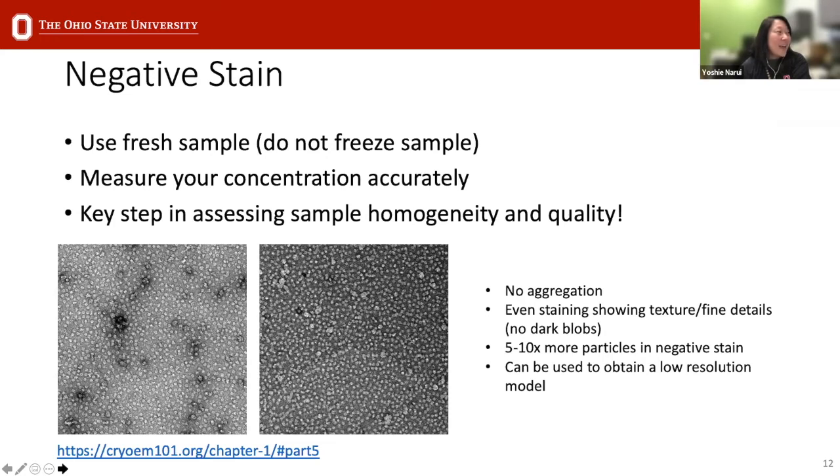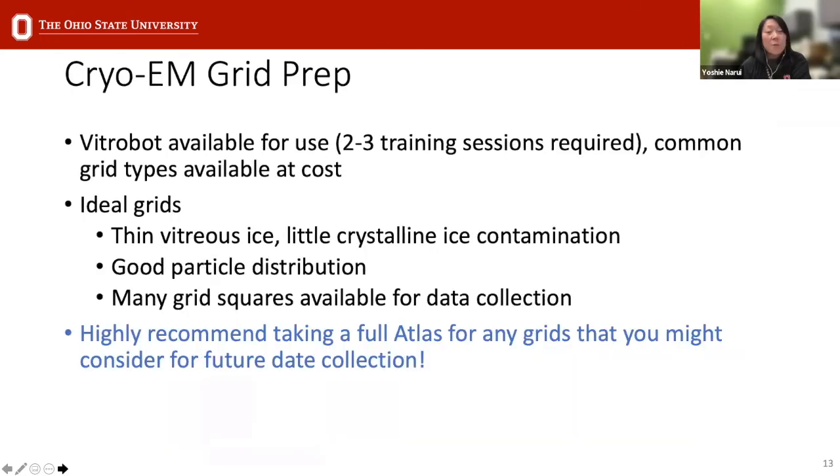Okay. And then once we see that the sample looks good in negative stain, you would move on to actually prepping cryo-EM grids. And so, as I mentioned, we have a plunging system available. It's a VitraBot. It's free for our users, but you do have to be trained to use it.